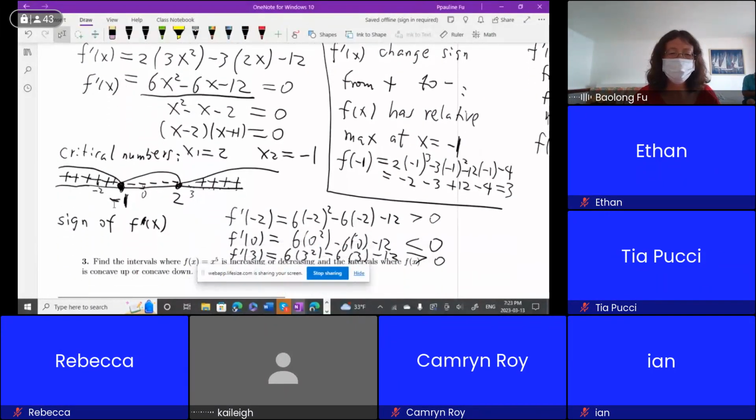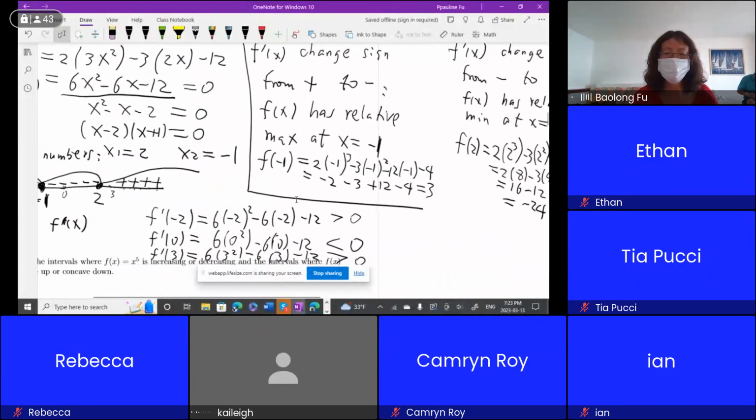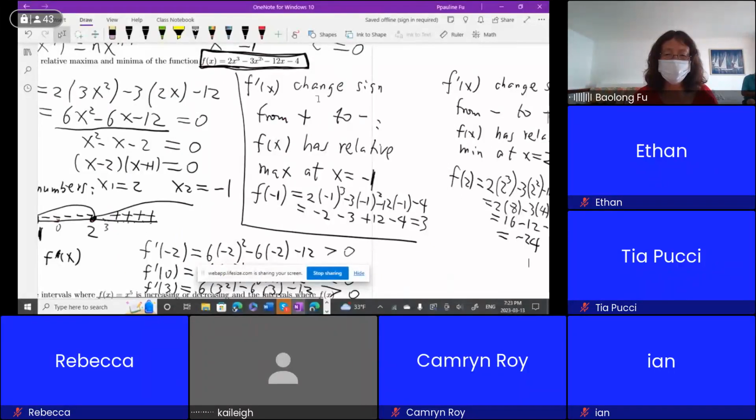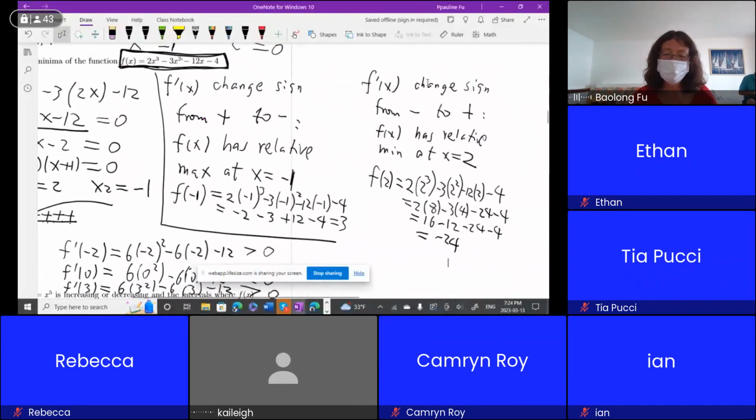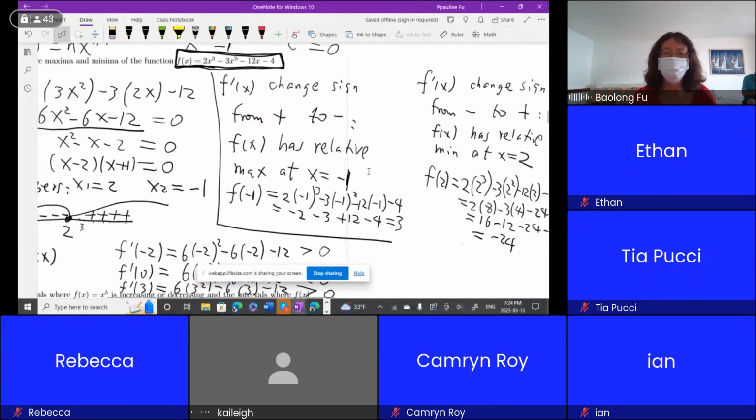Step 2, determine the sign of the derivative on the intervals decided by the critical numbers. Step 3, if the derivative changes sign from positive to negative, f(x) has a relative maximum. If the derivative changes sign from negative to positive, f(x) has a relative minimum.